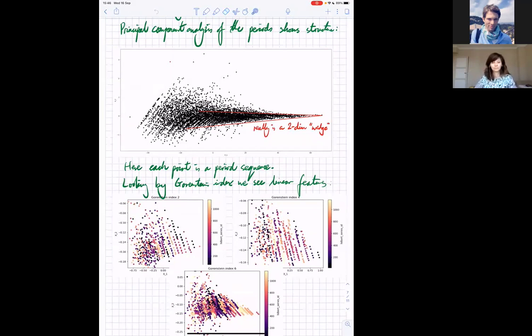So what you see here is the result of the projection that machine learning has suggested for us. Every single point here is a different period sequence that we found that allegedly corresponds to a terminal Q-Fano threefold. Most of them lie on this, and although you can't really see it in this picture, this really is a 2-dimensional wedge.